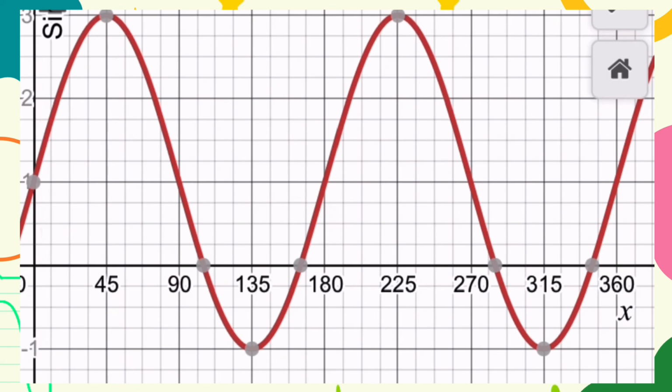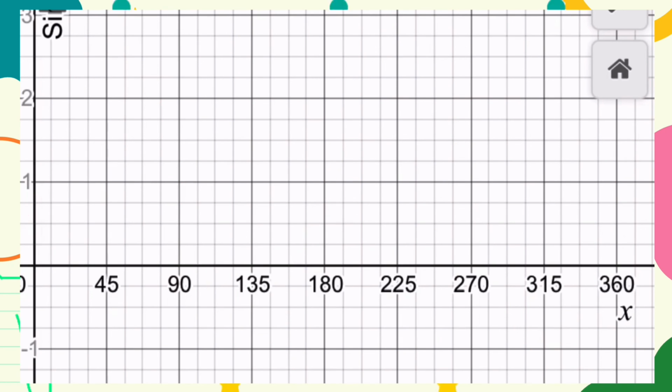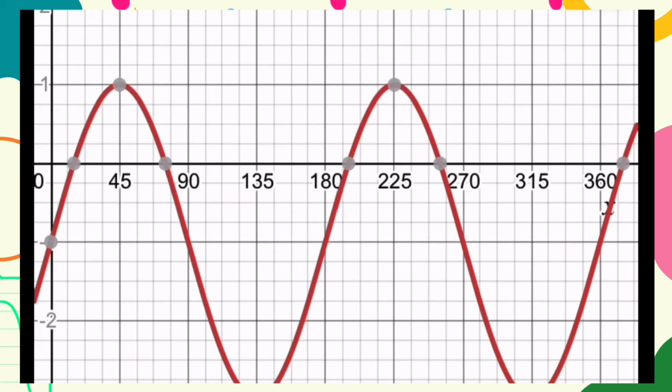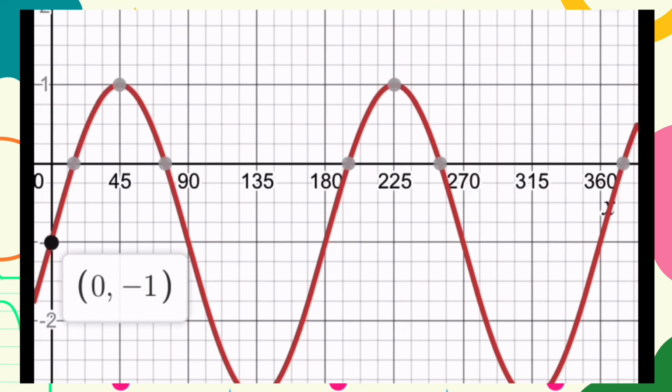If there is a c here, 1, I can add the negative value, which is minus 1. So it will actually go down to negative 1. Shift the graph down one step from the x-axis. So it will intersect at 0, negative 1, which is called the y-intercept, right?